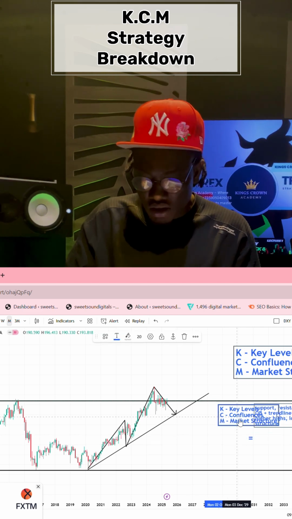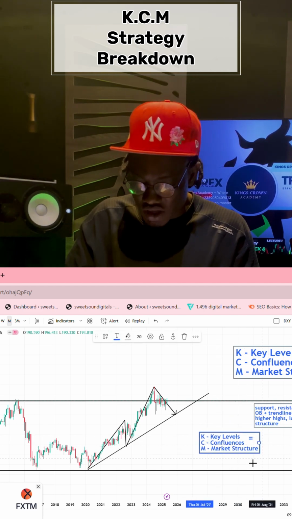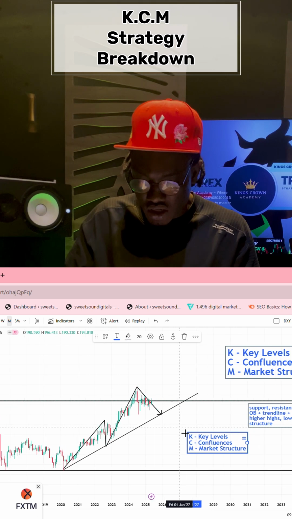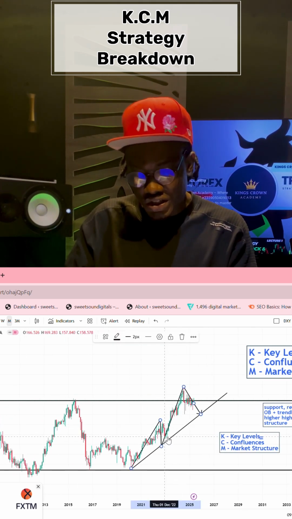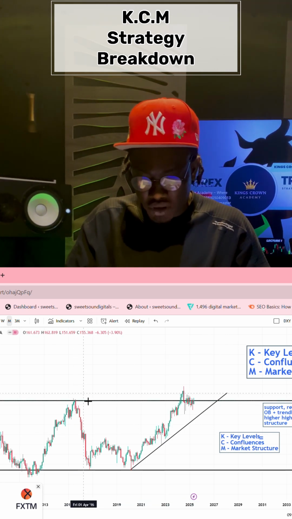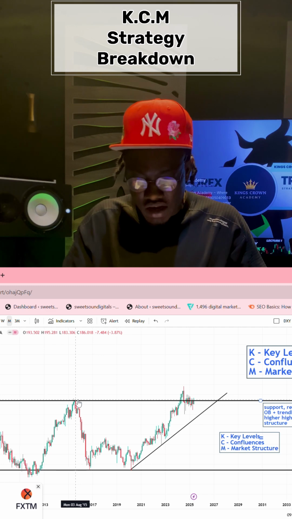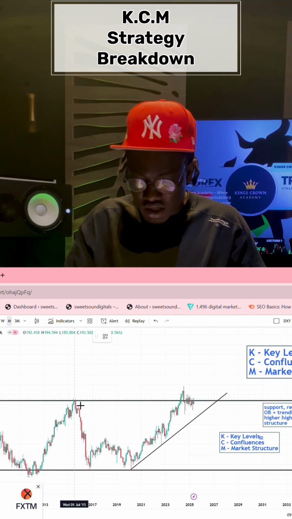Now going over to the next confluences, let's check for order block around this area, and also let's check for liquidity sweep around this area. I can say price has just swept a liquidity on the monthly time frame, because price took out this high.